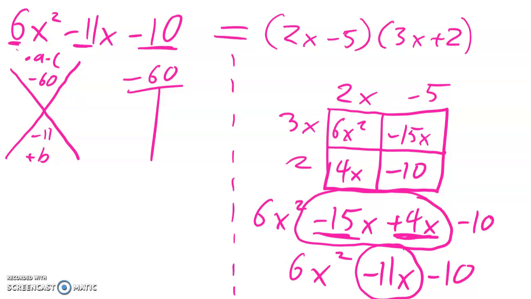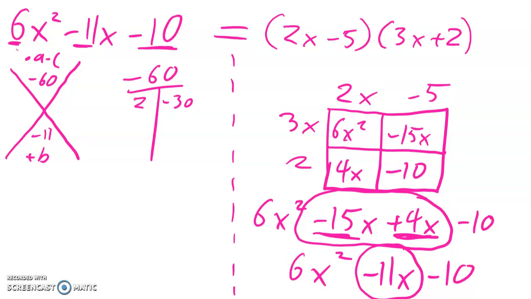Well, let's see. I could divide 60 by 2. So maybe I've got 2 and negative 30. I'm making the bigger number negative because I see that it's going to add to a negative number. So the bigger number will always have to be negative here. Anyway, that doesn't work. What else could I divide 60 by?